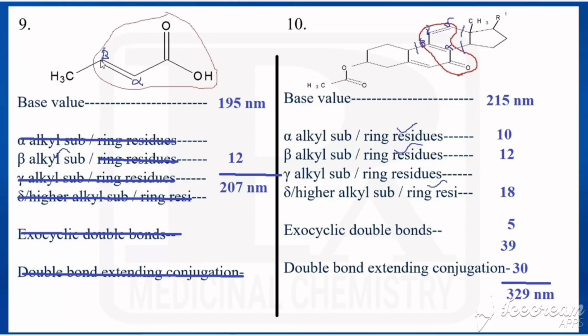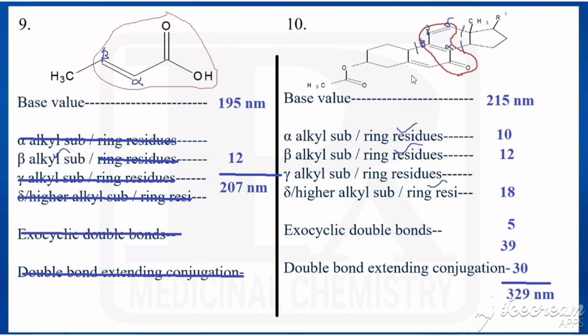Only beta is having one alkyl substituent. For one beta alkyl substituent, the value would be 12. It is not having exocyclic double bond or double bond extending conjugation because this is an acyclic one. So by adding only these two values, we are getting 207 nanometers. So that is the lambda max for this structure.